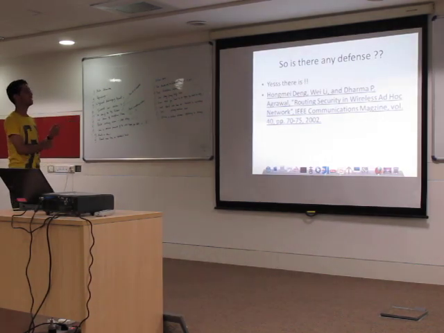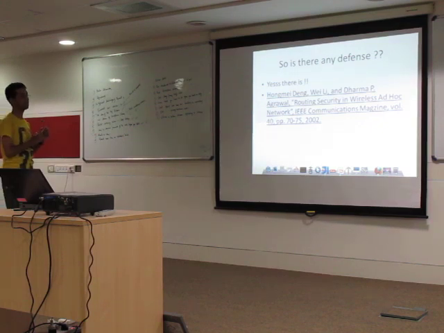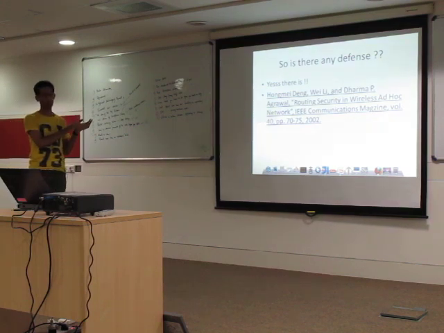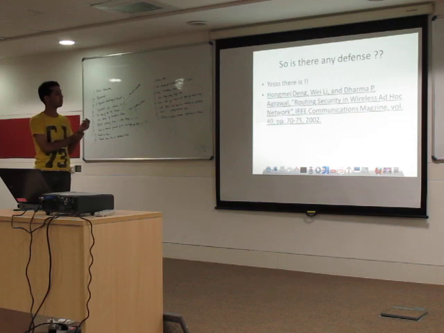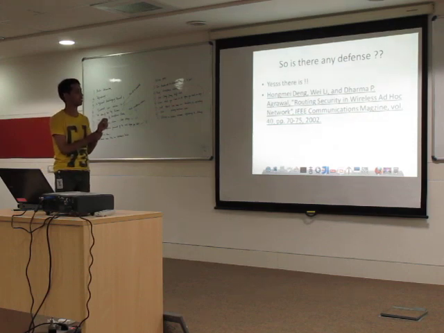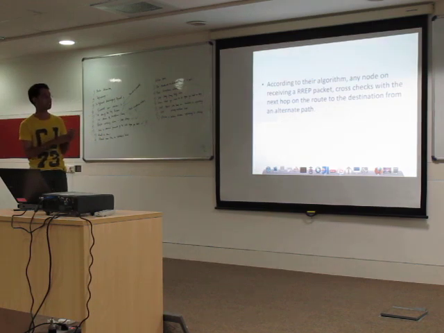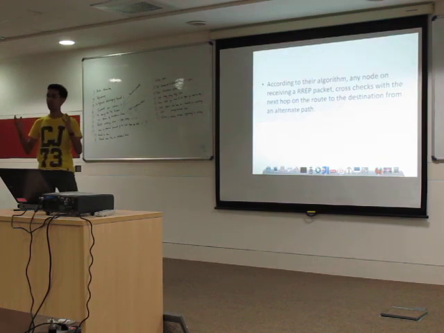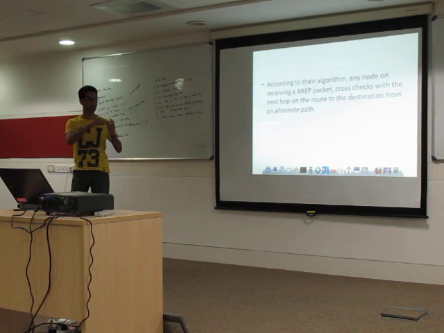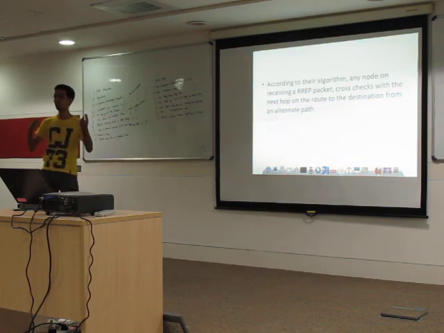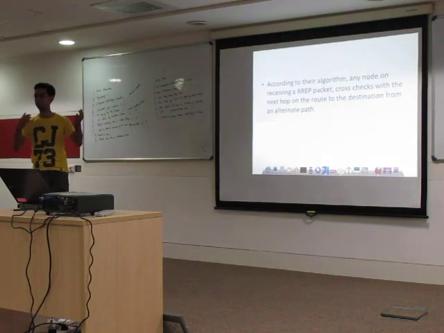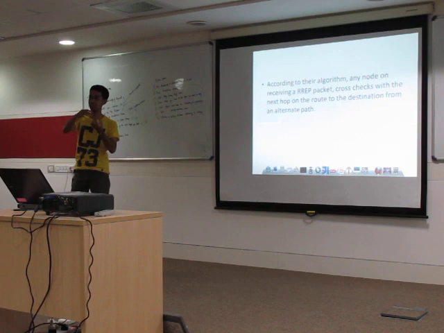Apparently black hole attacks were incepted in the year 2000, and by the year 2002 researchers came up with a solution. Their solution was that when you find a route to the destination, we cross-check if that route is really working by going to the next hop.